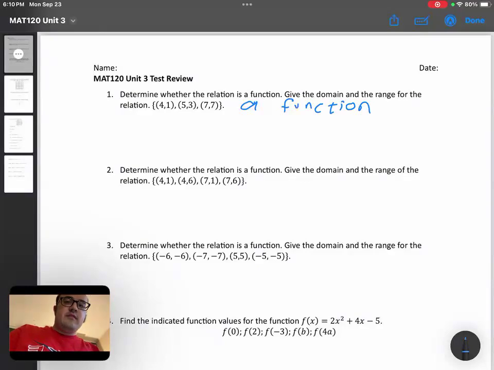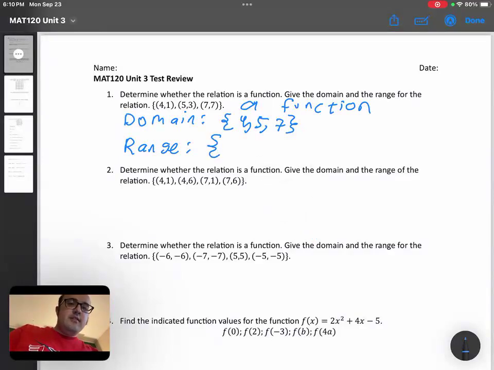Then for the domain and range, the domain would just be the numbers 4, 5, and 7, while the range are the numbers 1, 3, and 7.